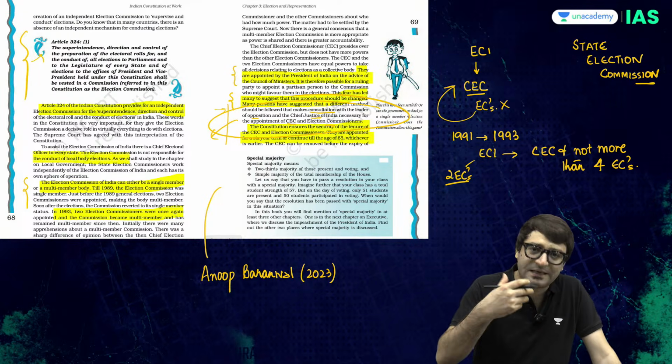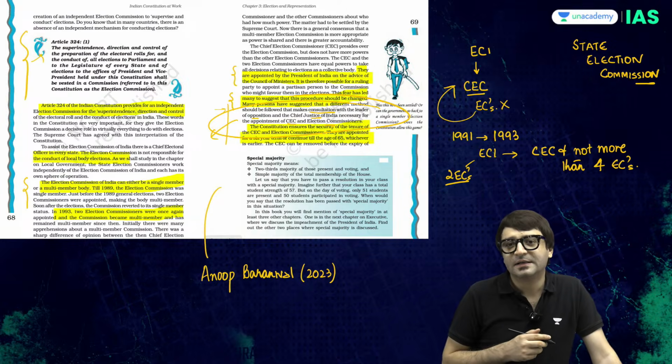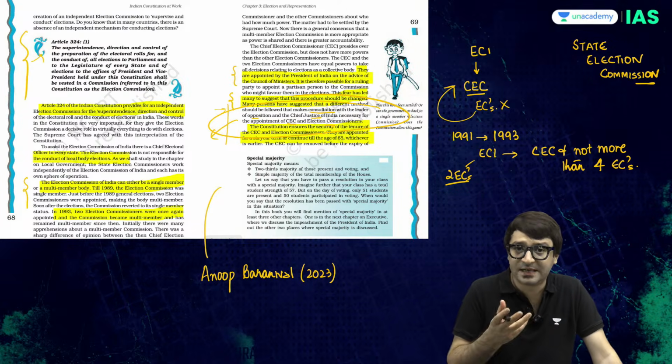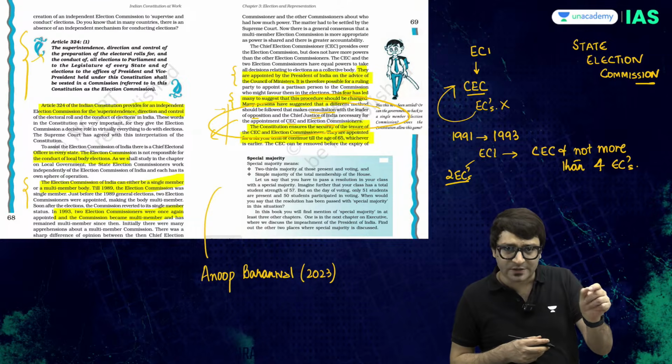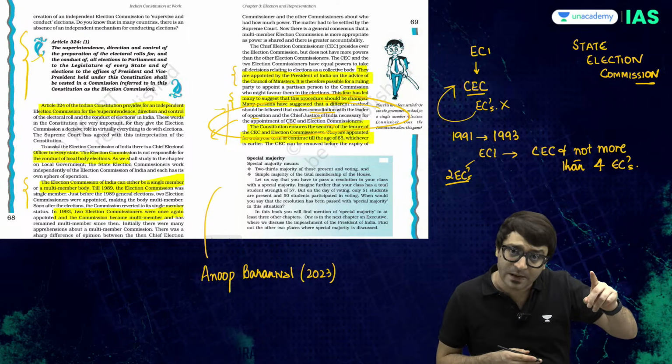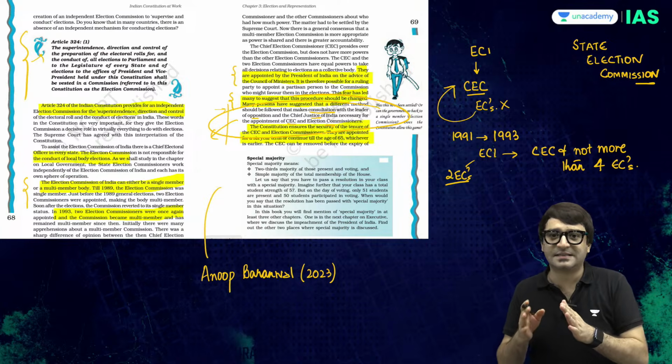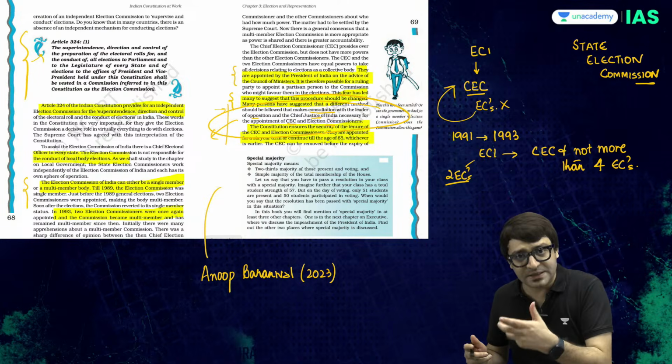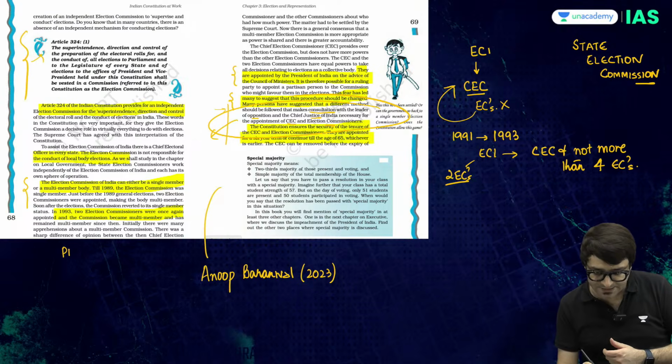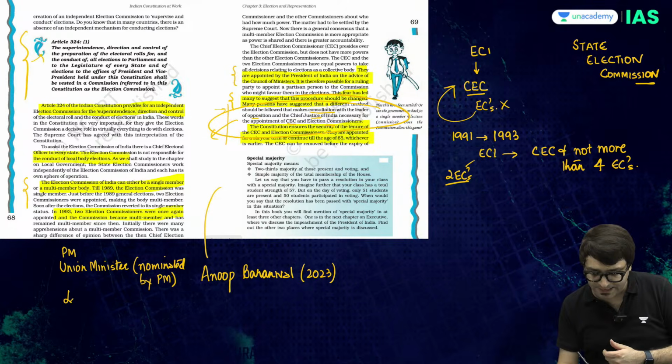But then Parliament enacted a law, and right now the status is that the Chief Election Commissioner and the election commissioners are appointed by the President, but after consulting a committee. The committee would consist of the Prime Minister, a Union Minister who is nominated by the Prime Minister, so any Union Minister can be nominated by the Prime Minister, and then the Leader of the Opposition.